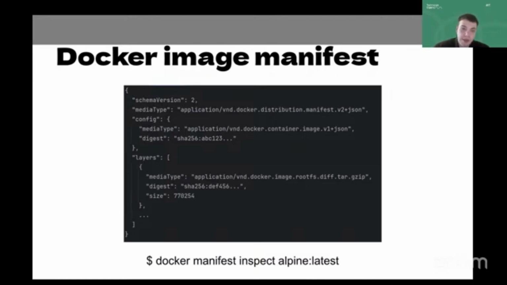The first thing that Docker is going to perform when you type docker pull in your terminal is fetching a manifest. And the manifest is stored as a part of an image in a container registry together with layers and configuration blobs. If you want to inspect a manifest of a certain image, you can type the docker inspect command as shown on the slide.